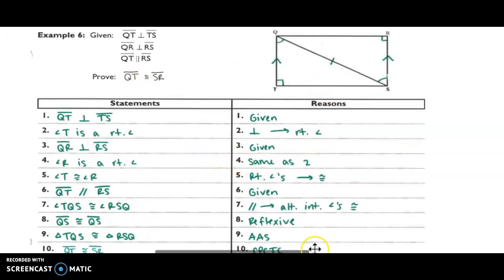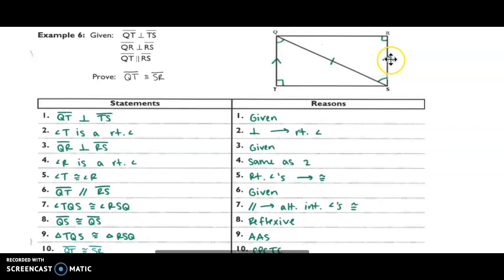And then take a look at this proof as well. All right, there's a lot more involved here. Anytime you see perpendicular, you're going to have to declare right angles. Don't forget. Okay. And again, if you have right angles, then they are going to be congruent. So angle T is congruent to angle R. You're given that QT is parallel to RS, and notice these arrows, right?